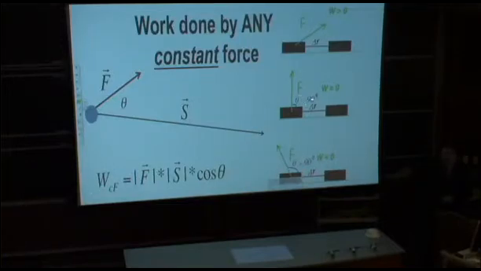If the angle is equal to 90, if the force is perpendicular to displacement, according to this expression, that force does zero work, doesn't do any work. If the force has an angle above 90, cosine is negative, a force like that does negative work. So a force like this tries to speed it up, a force like that tries to slow it down. Whichever wins, wins.